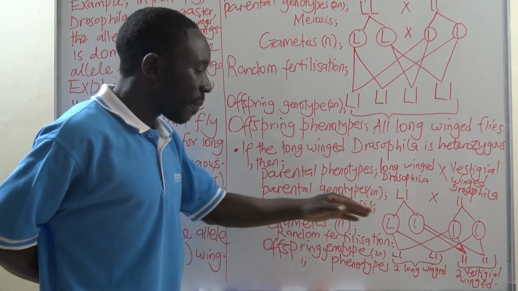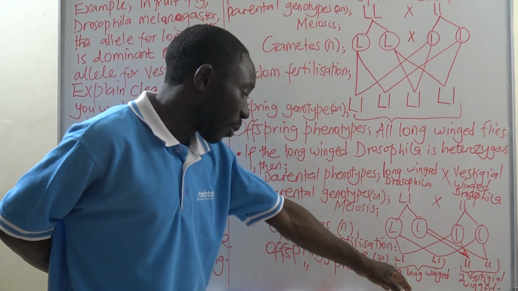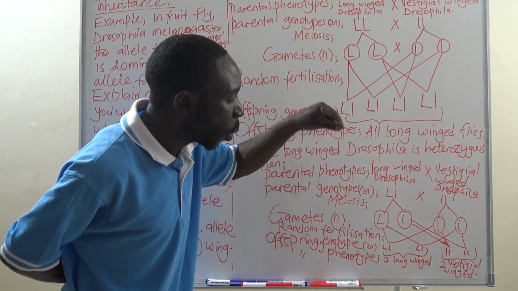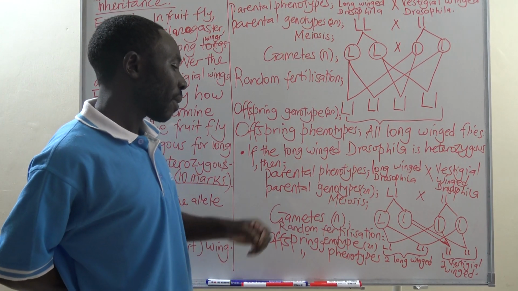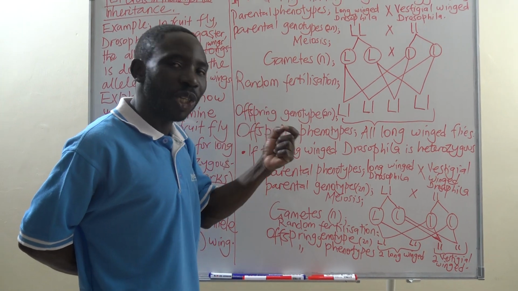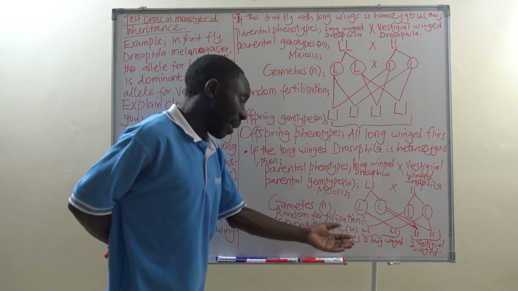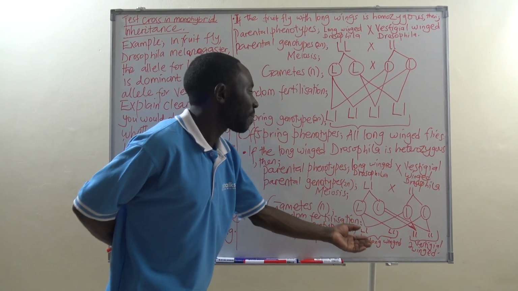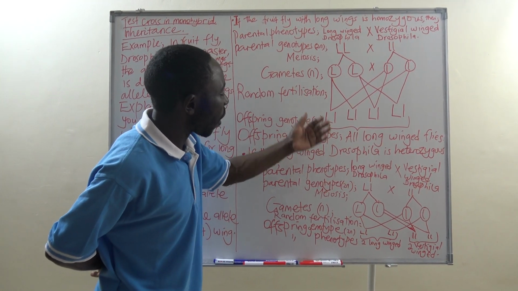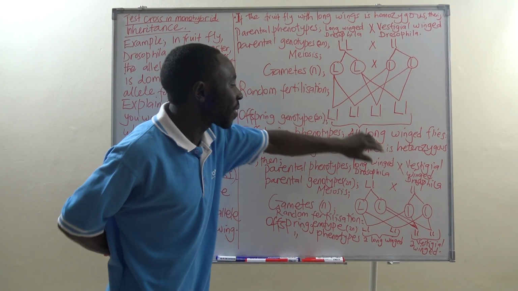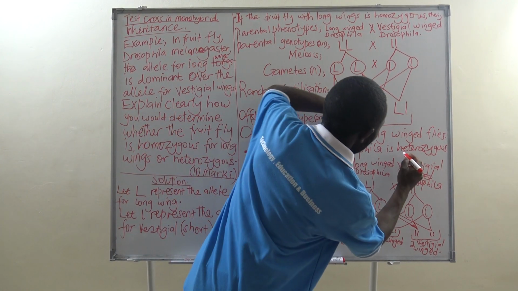And therefore, this gives us a phenotypic ratio of 1:1. One long-winged Drosophila to one vestigial winged Drosophila. And therefore, here we can deduce that the organism or the Drosophila with the dominant character was heterozygous.